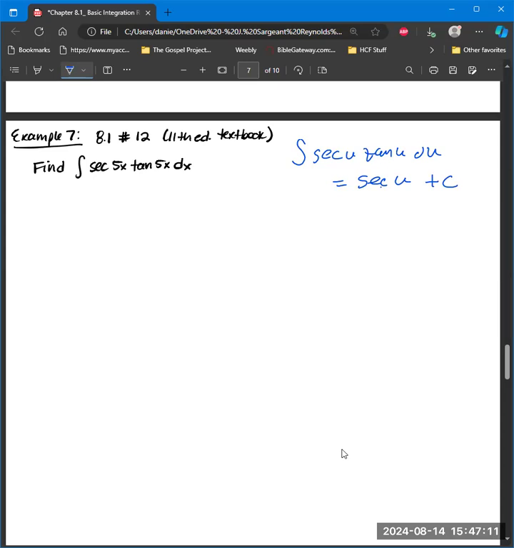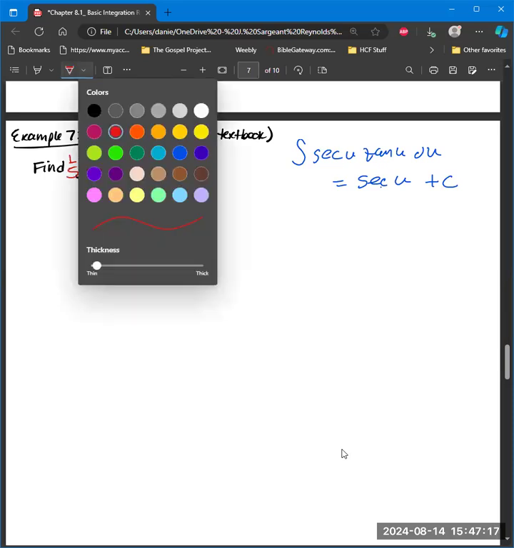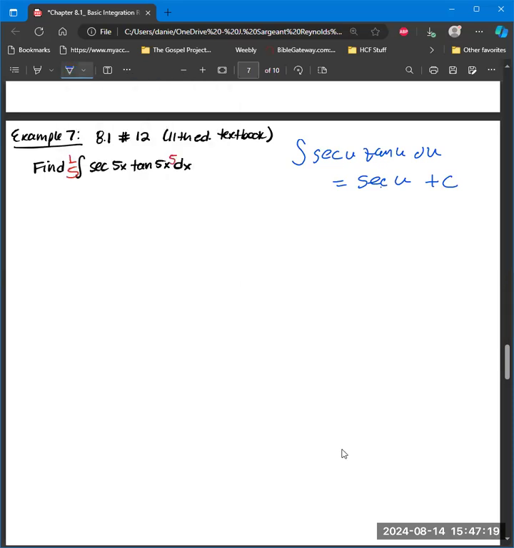So all we need to do to fix this is add a 5 and a 1/5 to make the chain rule work here, because u is equal to 5x, so du needs to be 5 dx. This is going to be 1/5 of secant of 5x plus C.